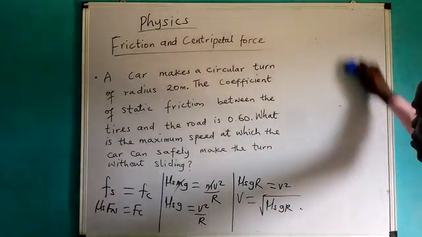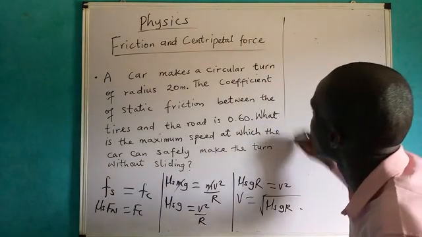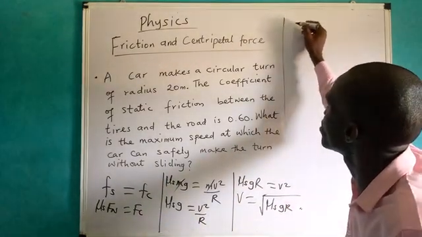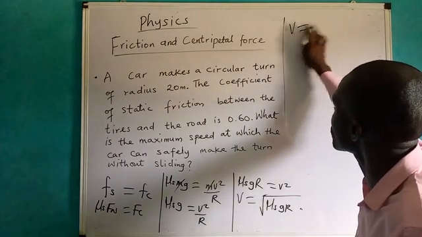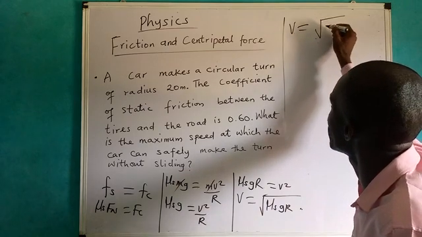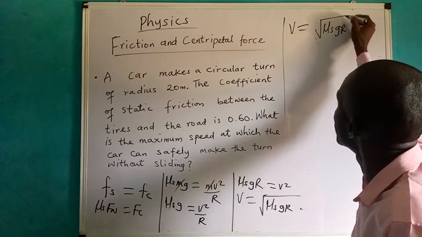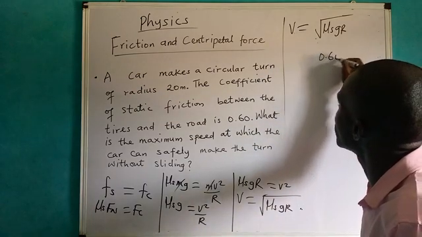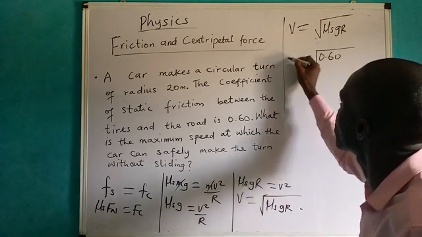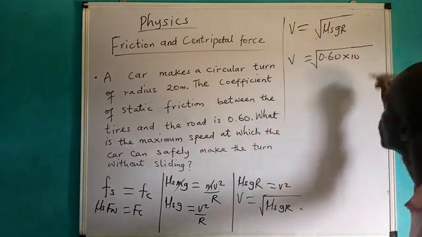Using this formula to solve, we have v equals the square root of mu s g r. Mu s is given as 0.60, g is 10, and the radius is 20.